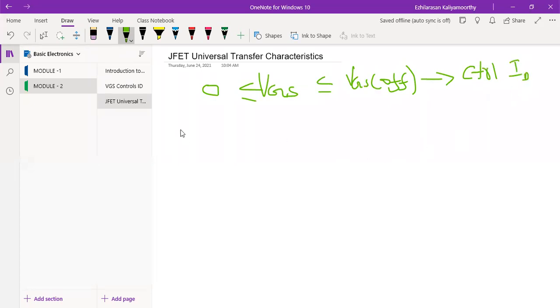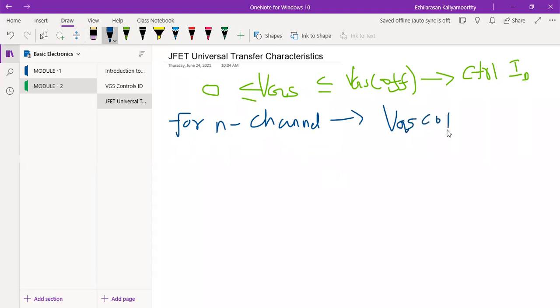So now for N channel, VGS(off) is negative for N channel.